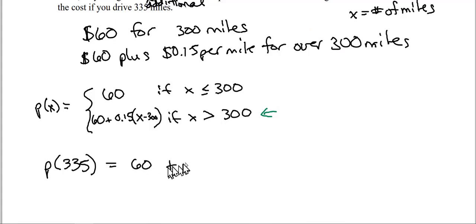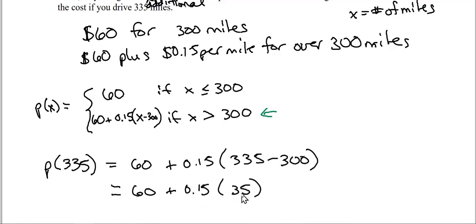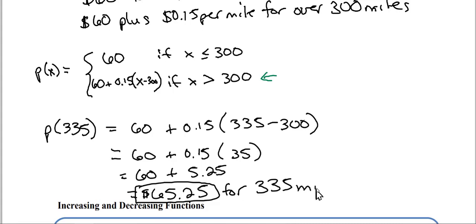So we're going to do 60 plus 0.15 times 335 minus 300 and simplify that. $60 is your flat fee. 15 cents for the 35 miles that you go over that threshold, right? 35 times 0.15 is $5.25. So you have $65.25 would be your total cost for 335 miles.